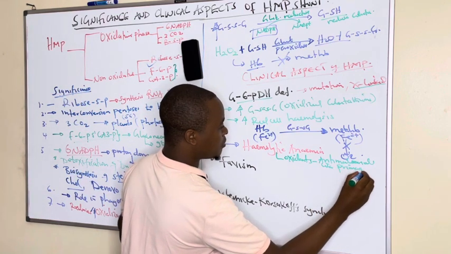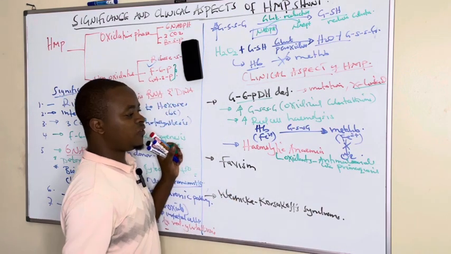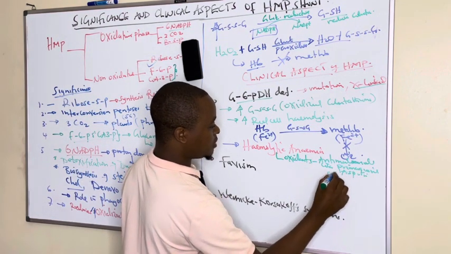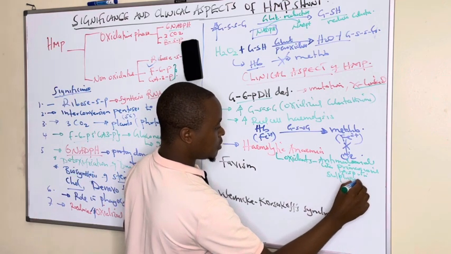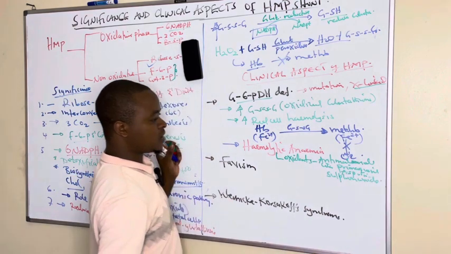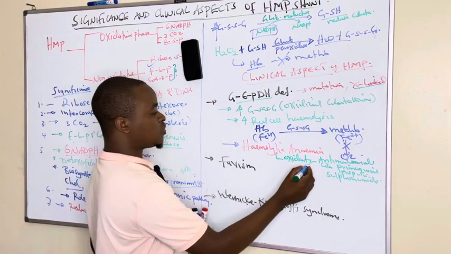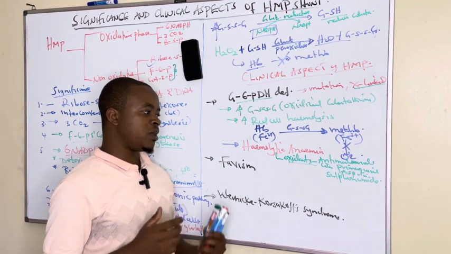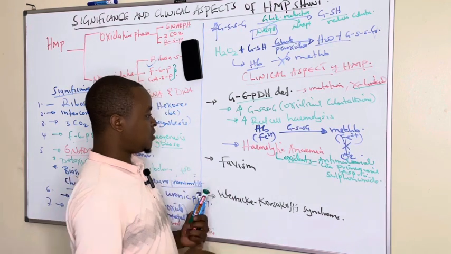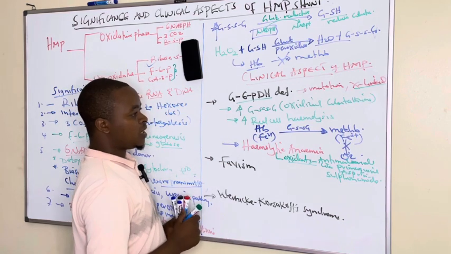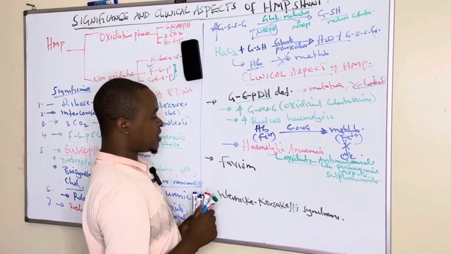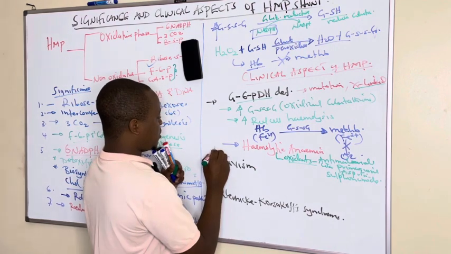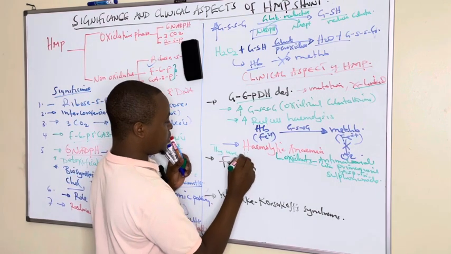Whenever someone is on primaquine and is G6PD deficient, or someone on aspirin and sulfonamides, they tend to suffer hemolytic anemias. So this comes when they are exposed to oxidant drugs like primaquine, dapsone, aspirin, which lead to hemolytic anemia. And another good part for these people with G6PD deficiency is that they are not prone to malaria.